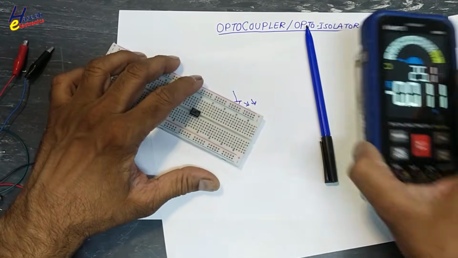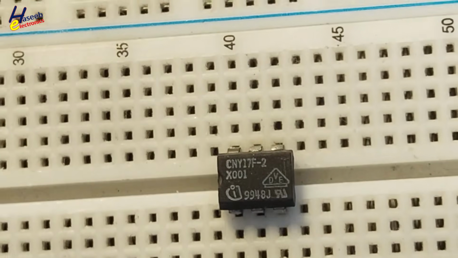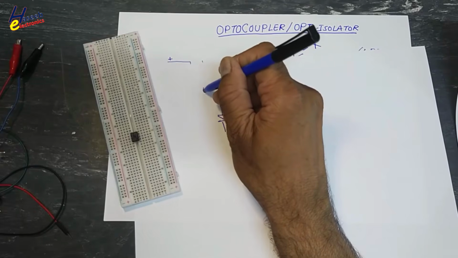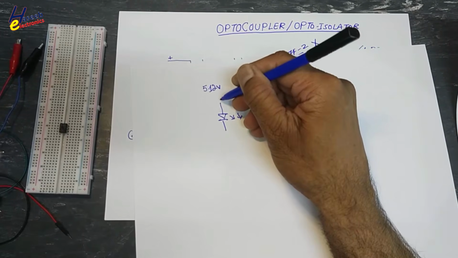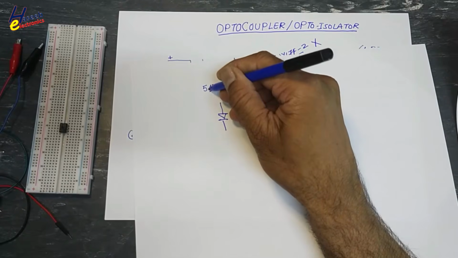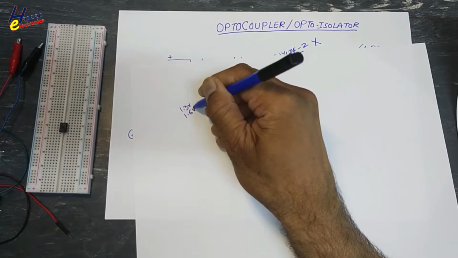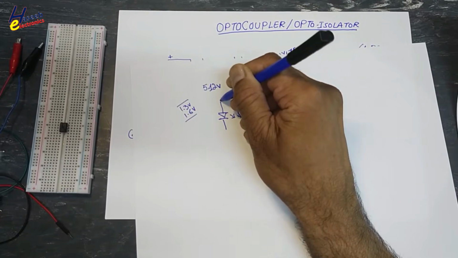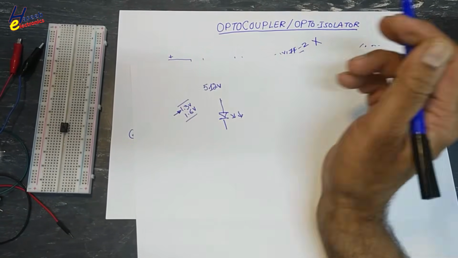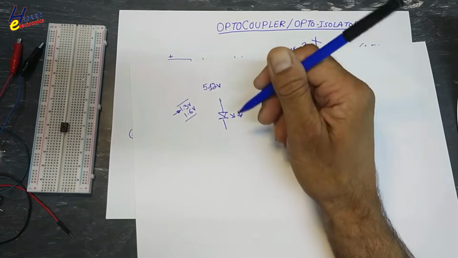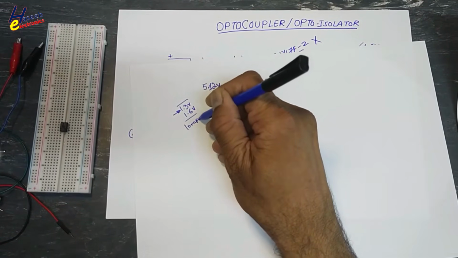We will use two power supplies, CNY F-2, 5.12 volt. When 60 milliampere current will flow here, 1.3 volt to 1.6 volt will drop across this LED. We will consider the minimum limit, 1.3 volt. I will allow 10 milliampere current to design it.